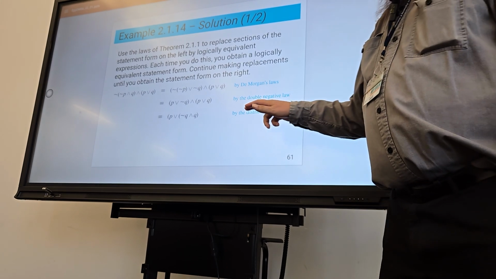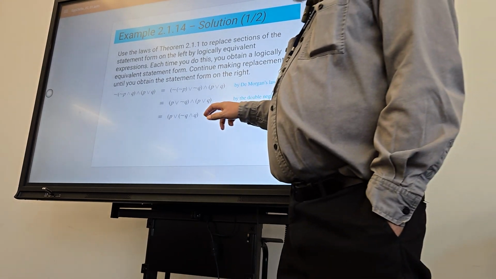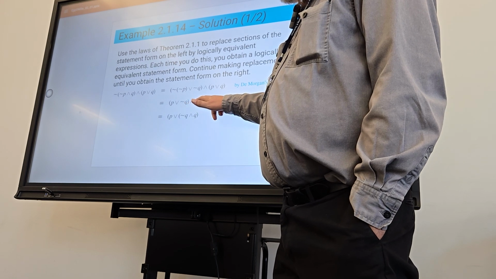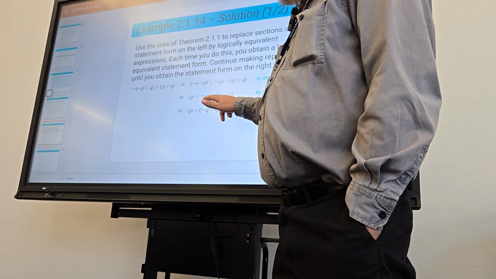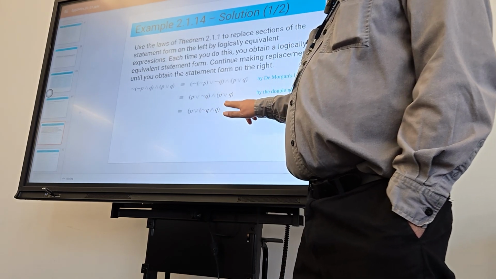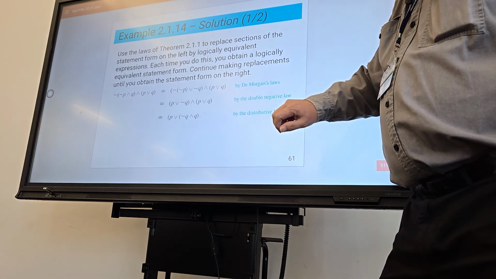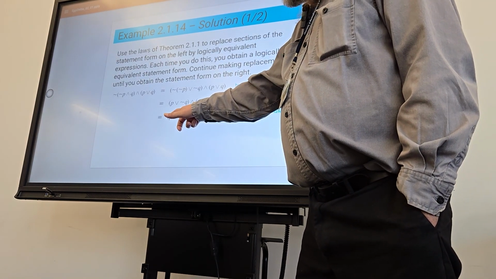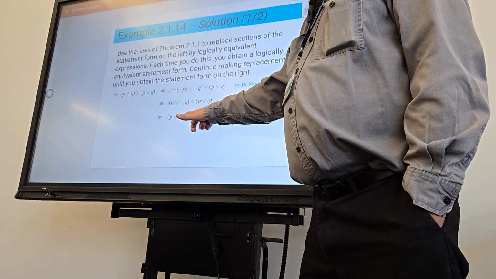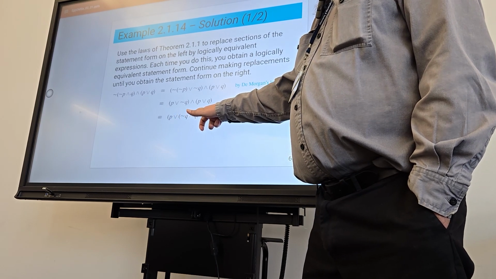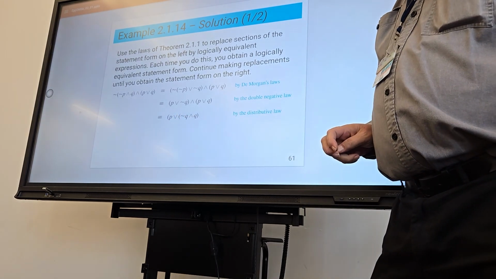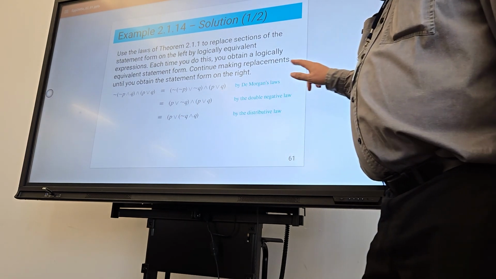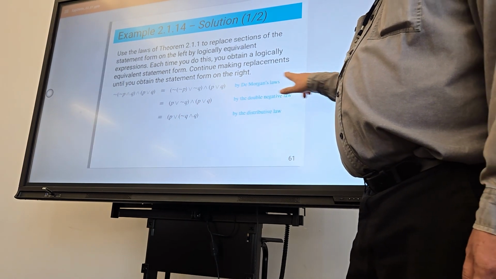And then the distributive law, because you have P and P here, you could distribute that out and leave P or not Q and Q. And of course, not Q and Q is a contradiction.